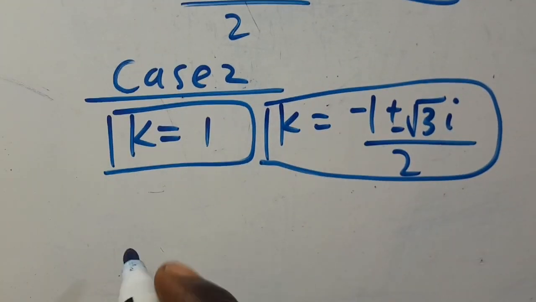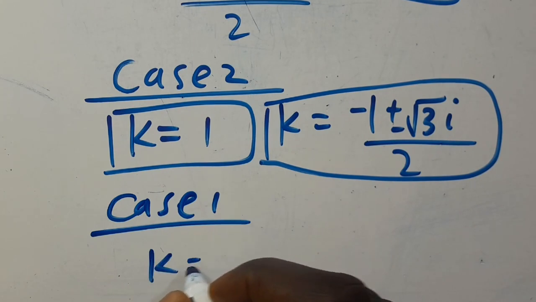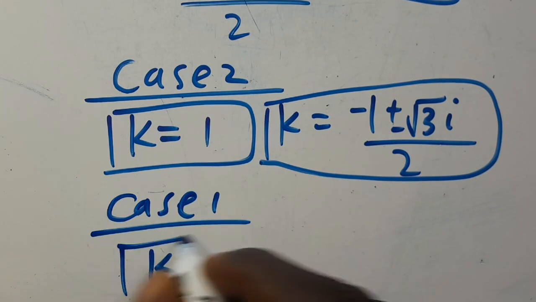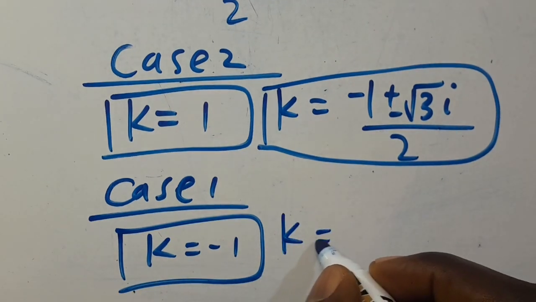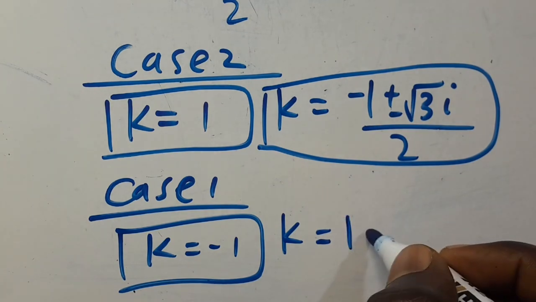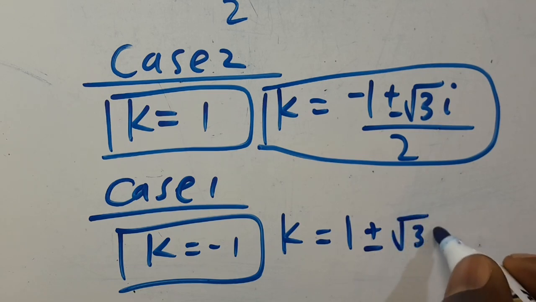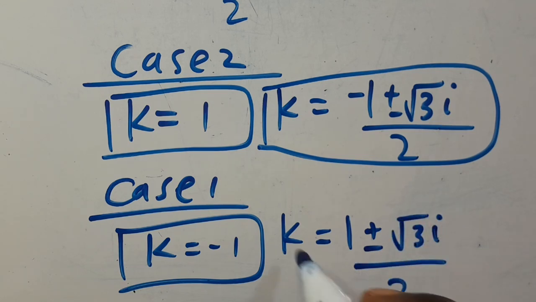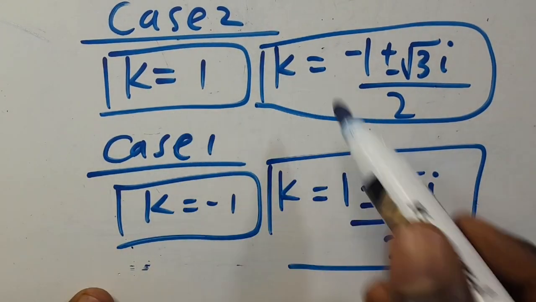While for case 1, we have k equals minus 1. Then we also have k equals 1, positive or negative, root 3i divided by 2. Now, you can see we have how many solutions?